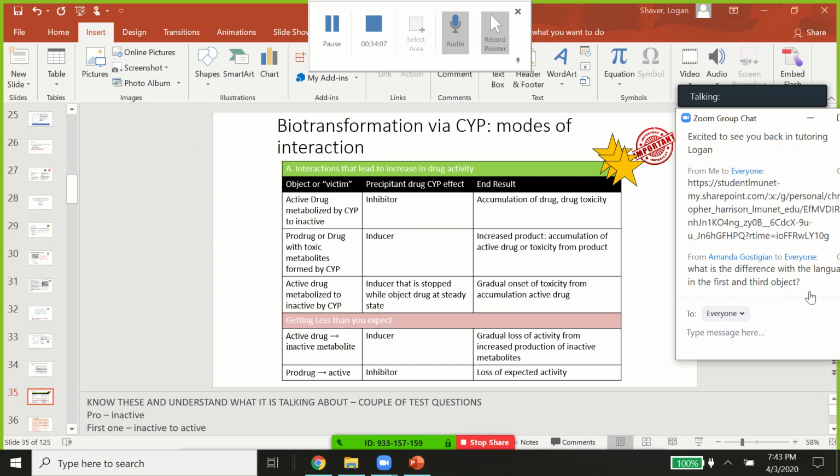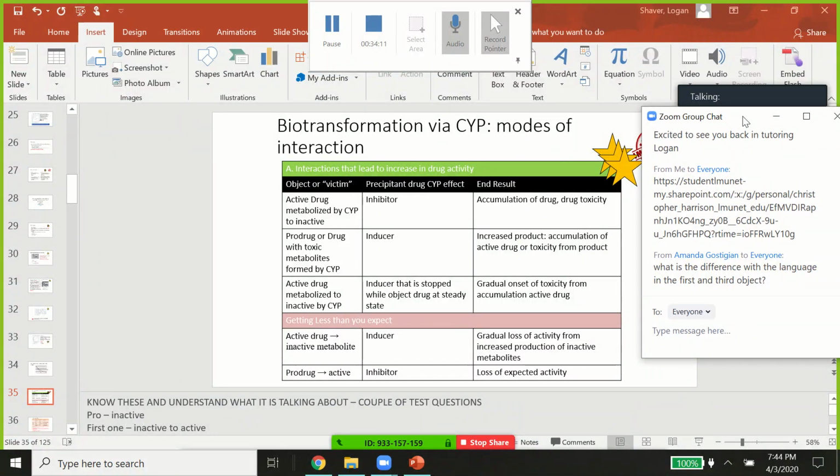Oh wait, it says I got a new message. Hold on. What is the difference with language in the first and the third? Let's see. Well, first it says it's an inducer, so that's off the bat the difference. Active drug metabolized to inactive by CYP.